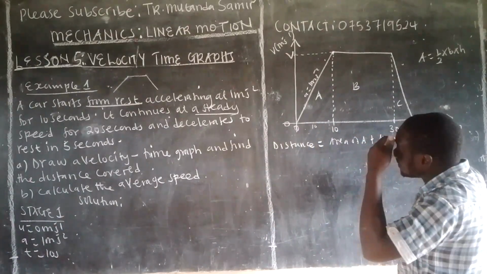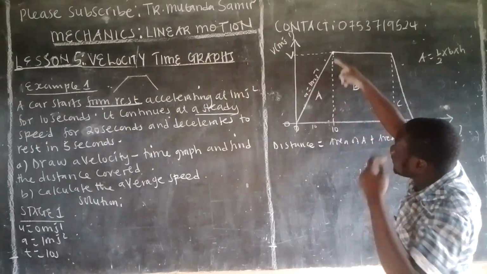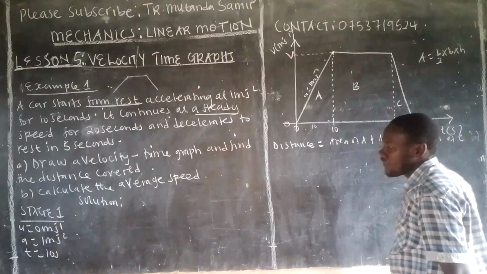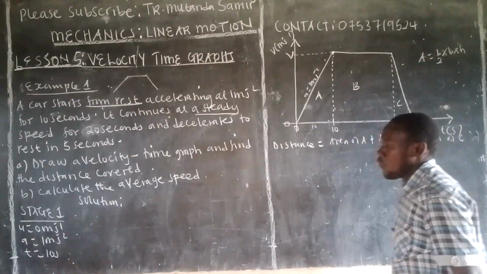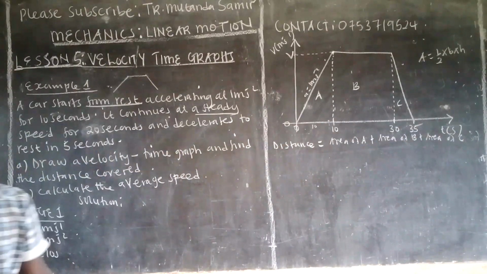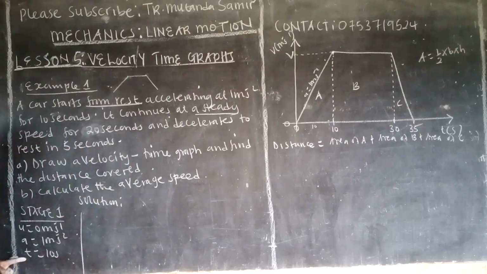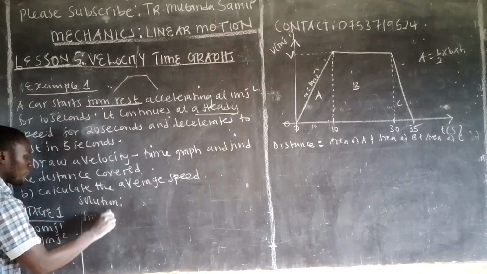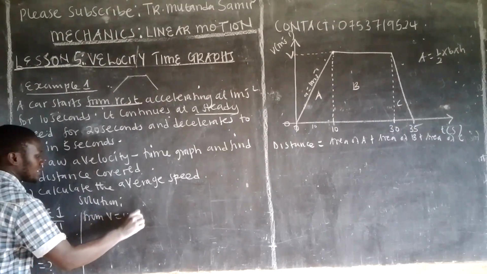Then, what you must know is from here up to this side. Now here, from here up to here is that final velocity. Do we have that final velocity really? No, we don't have final velocity. And please, stage 1 helps you to get that final velocity, from V is equal to U plus AT.